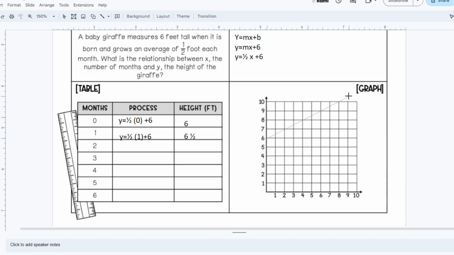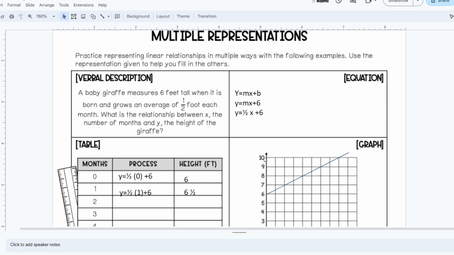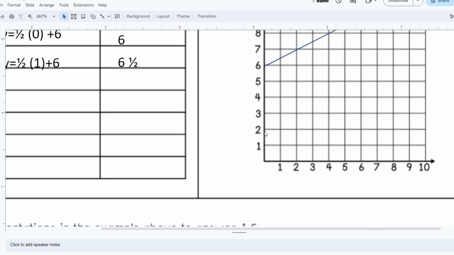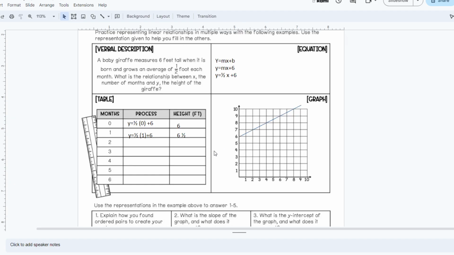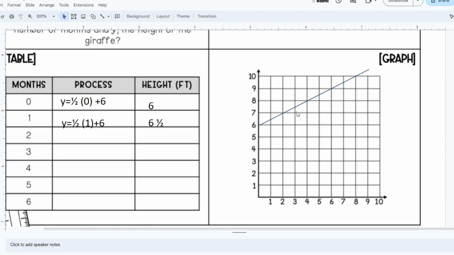So if I draw that out, the graph is going to look like this, and if we zoom in and take a look at it, it's going to go up 1 and over 2, up 1 and over 2, up 1 and over 2, each and every time. And then you can trace how tall the giraffe's getting after so many months. So we can say at 8 months, the giraffe's going to be 10 feet tall.